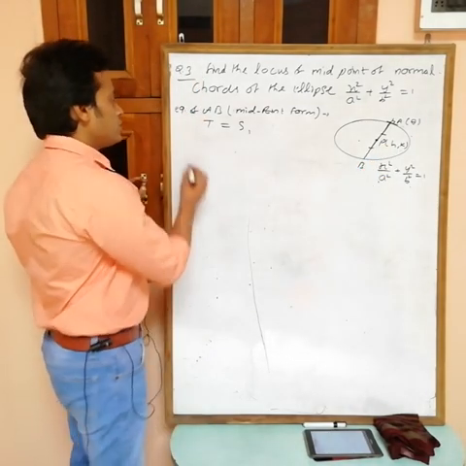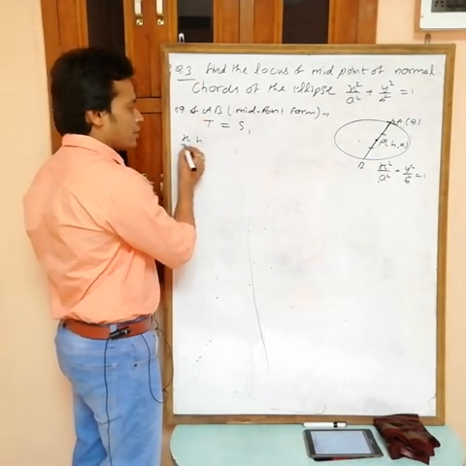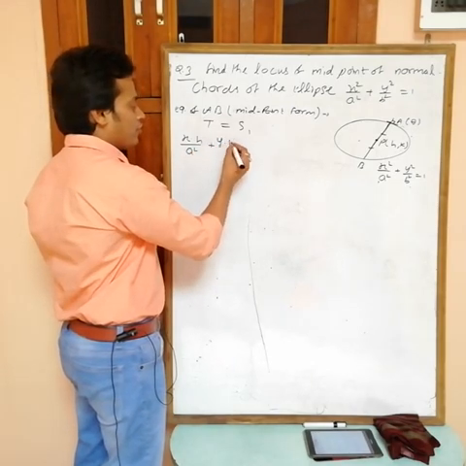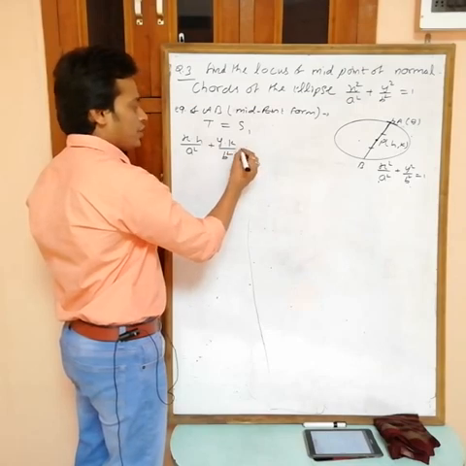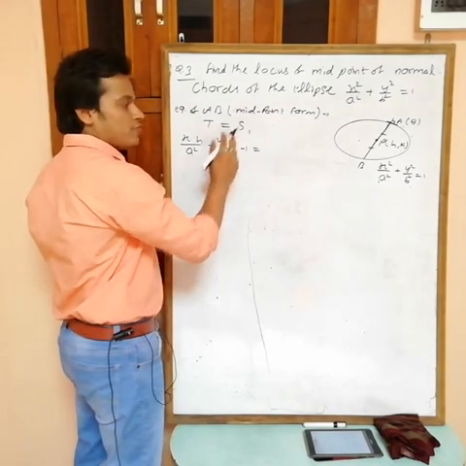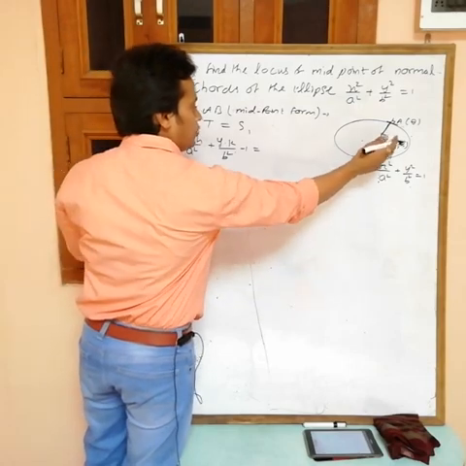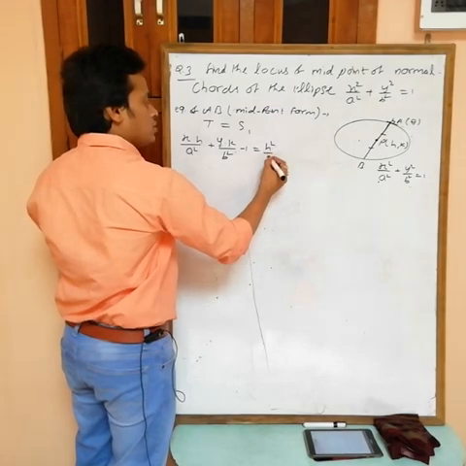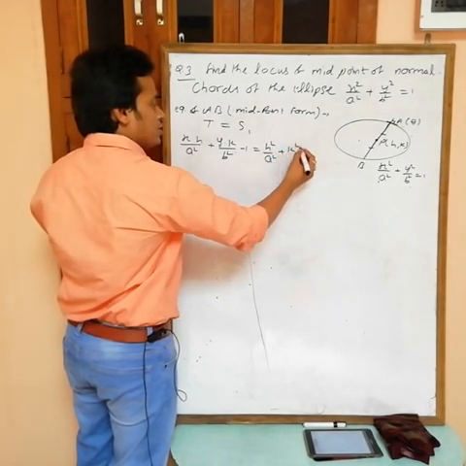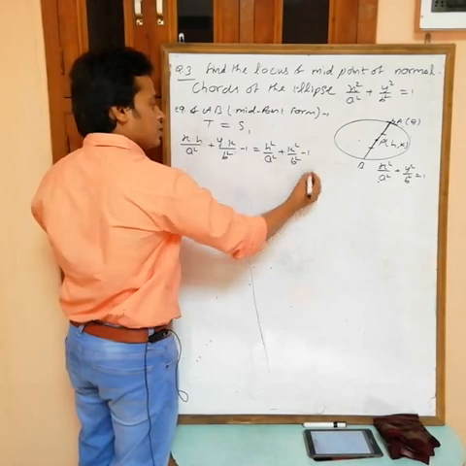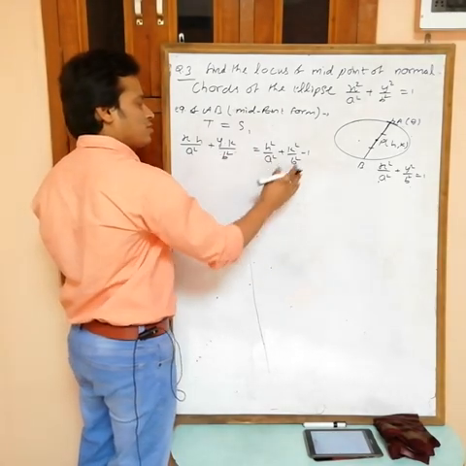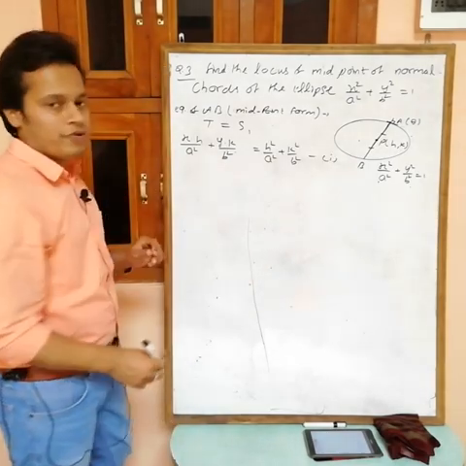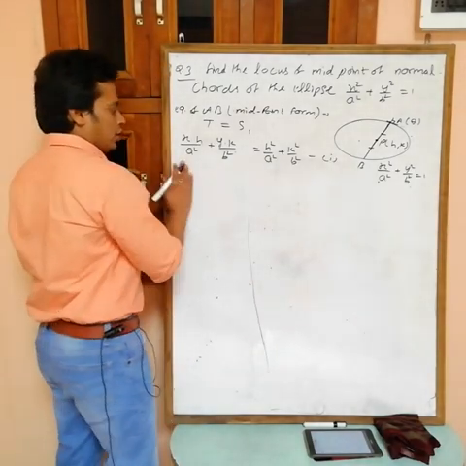So x square is x1, x1 is h by a square. Replace y square with y1, y1 is k by b square, plus 1 at the side, minus 1. S1 means simple, just put the point in the equation. If you put h comma k in this equation, what you will get? h square by a square plus k square by b square plus 1 at the side, minus 1. Actually minus 1 will be cancelled out on both sides now, so there is no need to write. Equation number 1, equation of AB.